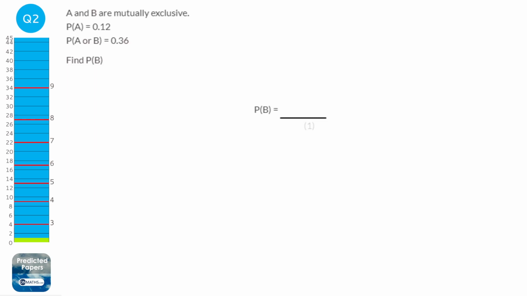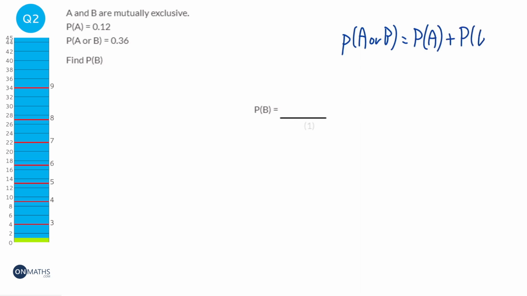For mutually exclusive events A and B, the probability of A or B is equal to the probability of A plus the probability of B. Now we're given the probability of A or B, which is 0.36, and the probability of A, which is 0.12.